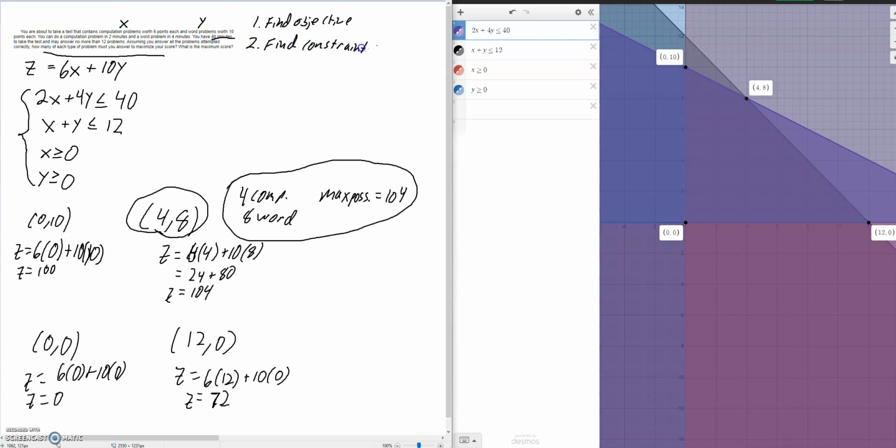Remember that the implied constraints are these. These are always implied, even if they're not stated. Then our third one, after we have our constraints, we will graph our constraints.